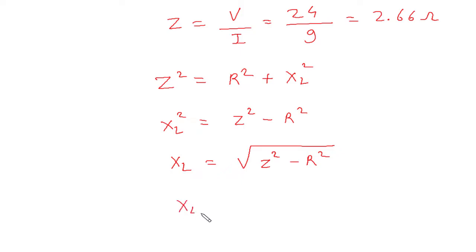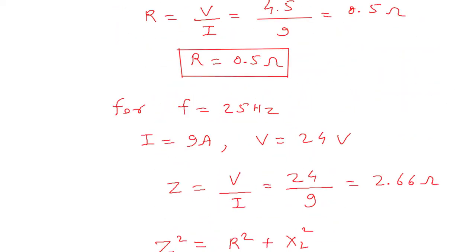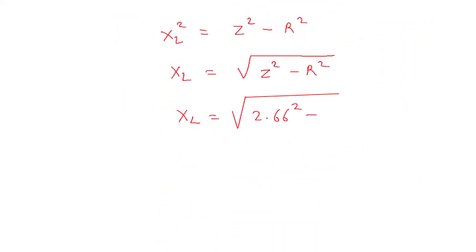Z square is 2.66 square minus R square, R square will be 0.5 square.